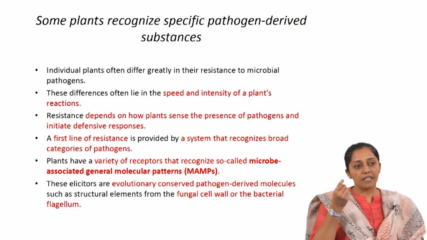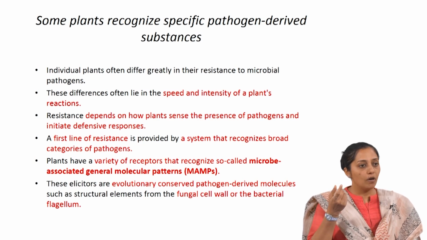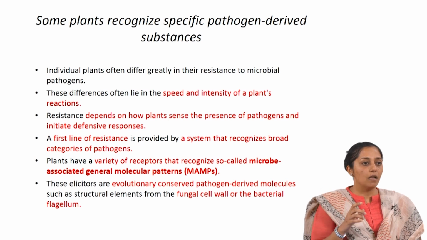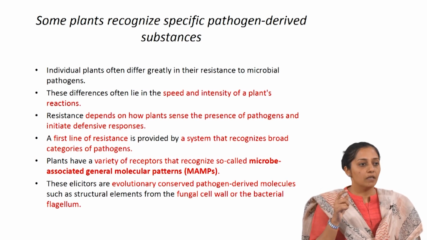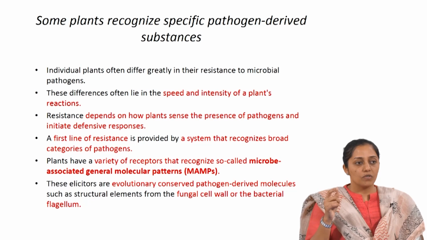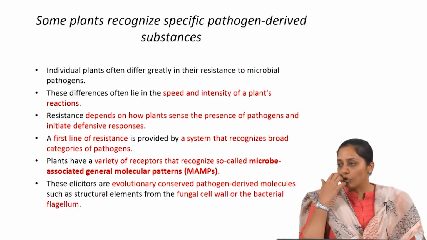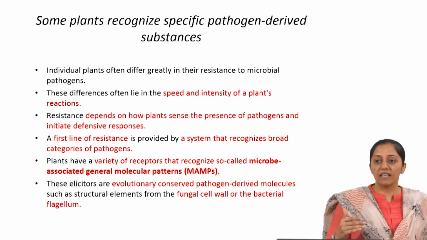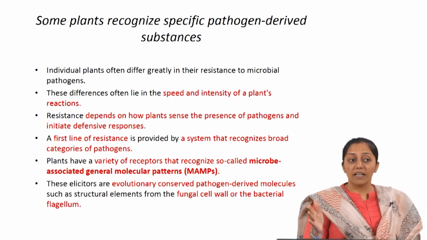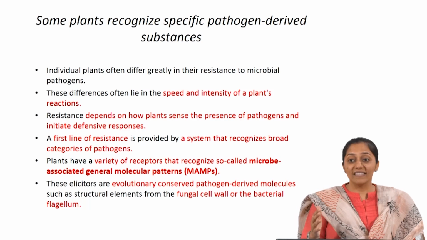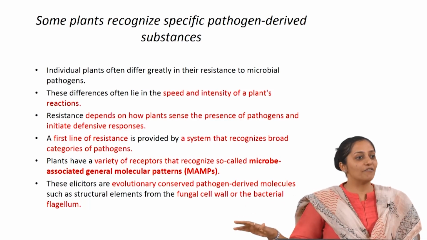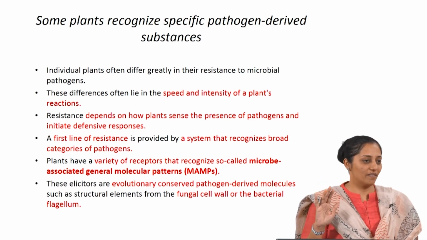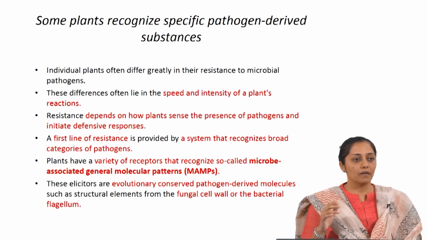They can recognize a particular antigen epitope of a broad taxon, like for example bacteria which are motile, so they will have flagella. There are epitopes or receptors present on the plant cells which can recognize motile bacteria. By this they are able to have a generalized defense against any such motile bacteria which comes and attacks the plant.